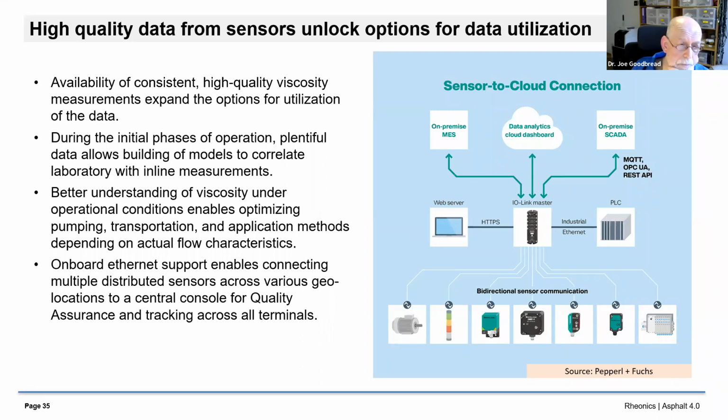We can optimize pumping, transportation, and application methods, since each of these is strongly influenced by asphalt viscosity. And finally, we can develop a global viewpoint by correlating and analyzing data across a whole distribution network for particular products. This can lead to dramatic improvements in network-wide quality assurance.